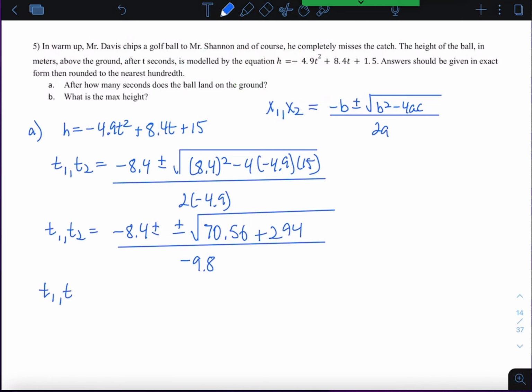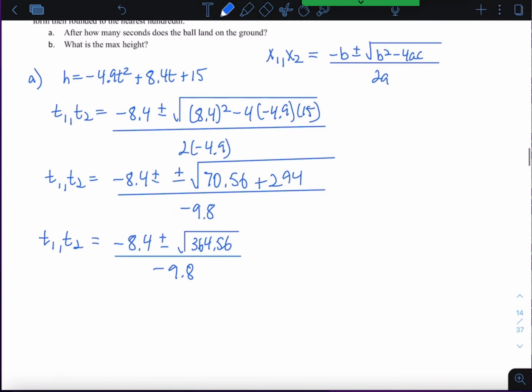T1, T2 is negative 8.4 plus or minus the square root of 364.56 over negative 9.8. All right.